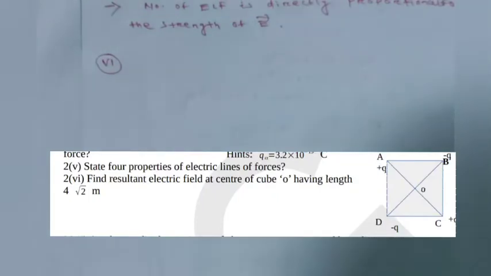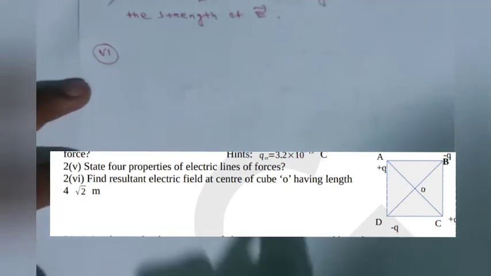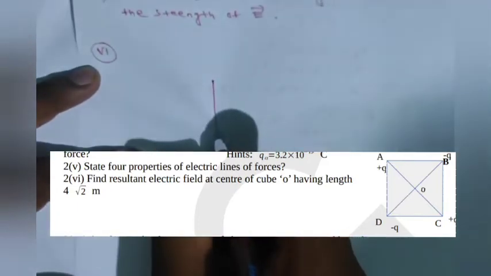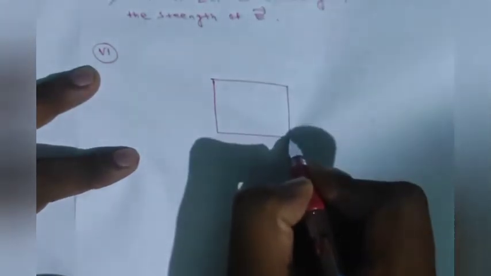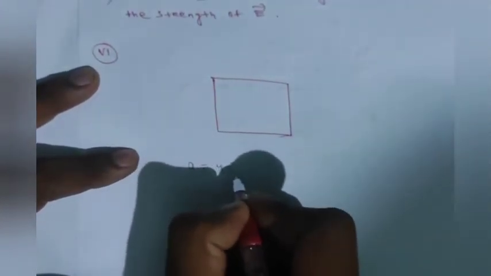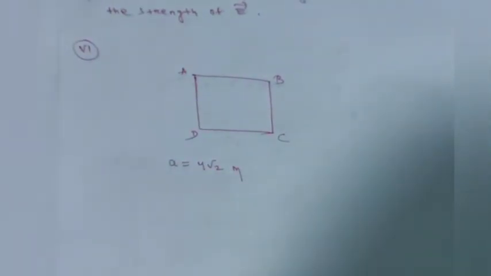So what was the question? Find the resultant electric field at the center of the square having side length 4√2 meter. There is a square given which has side length 4√2 meter, and there are four charges placed at each corner of the square.